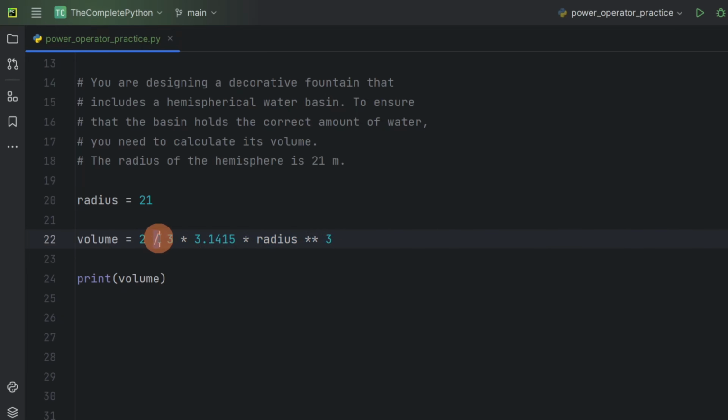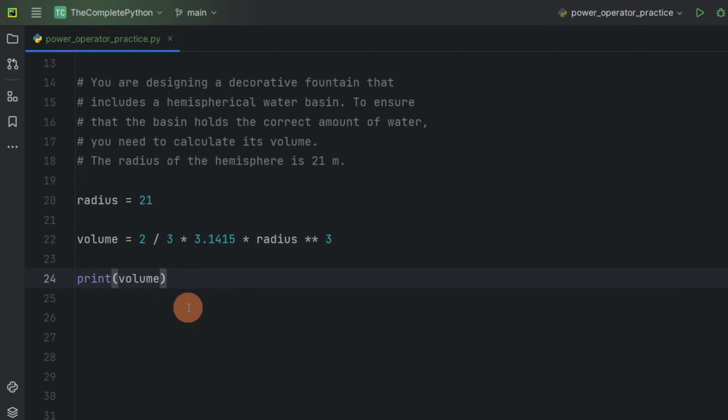So since this division is occurring before multiplication, first this division operation will be performed. So 2 by 3 will be performed. Then whatever the result, it will be multiplied with the value of pi. Then finally it will be multiplied with the cube of the radius. Then the assignment operator will assign the result of this expression to the variable volume.